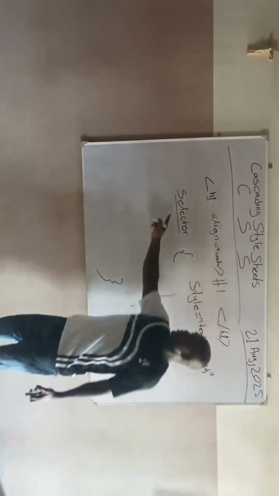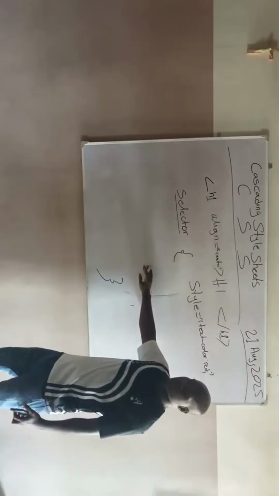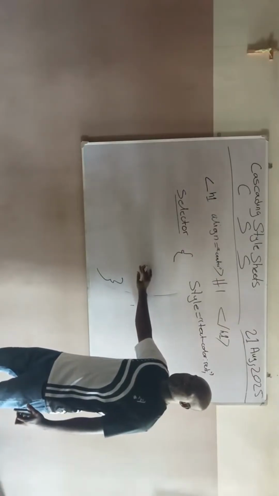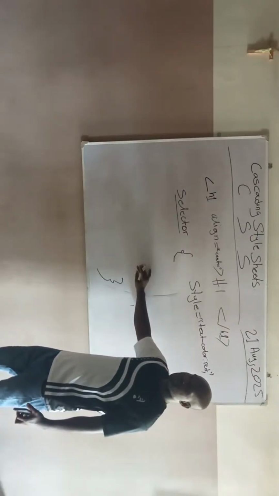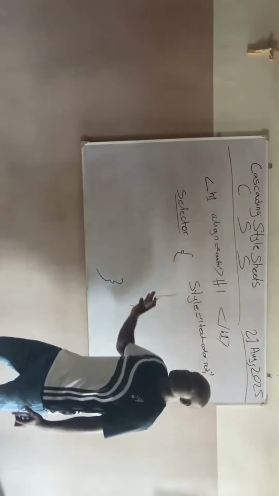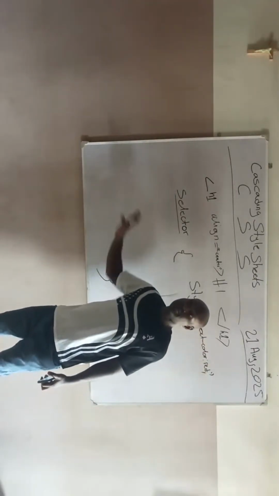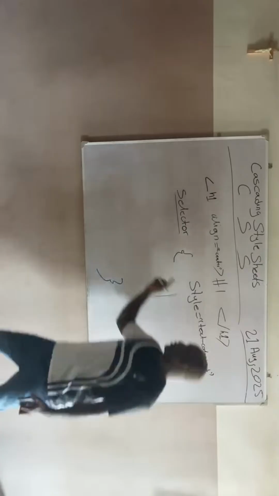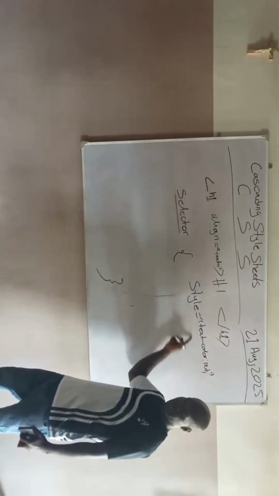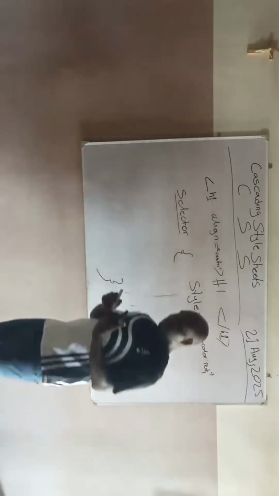Now, let's look at this again. This is my selector, and this is my block. I'm going to write this now into normal CSS. No longer what? Inline. This one is for inline. Let's look at how CSS works.